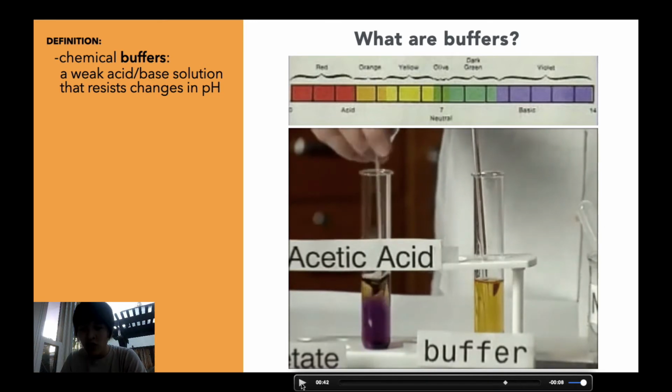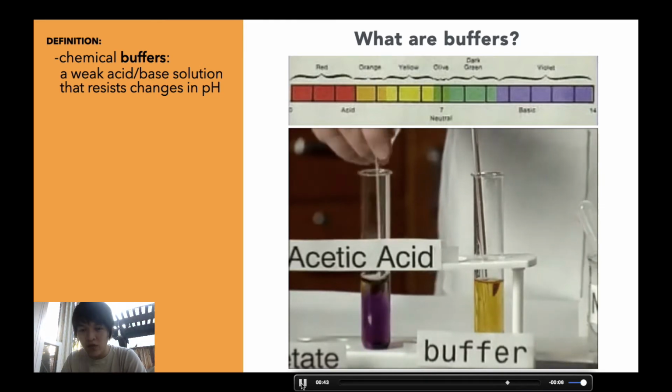And the buffer is the same orangish color that it started off with. Now, what that means is, if the buffer is the same color, then the addition of the strong base didn't cause the pH of the buffer to change. The pH of the buffer is pretty much the same.